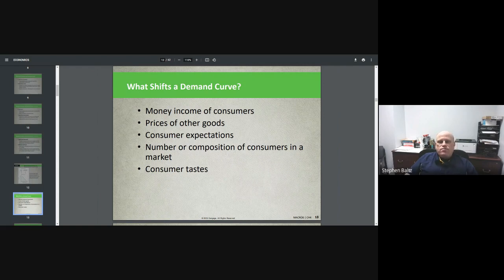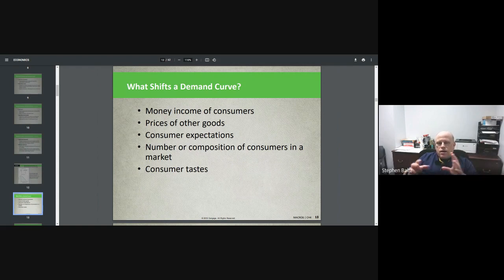Okay, now the 5 things that can shift the demand curve are basically listed here on this slide. So you have money income of consumers, prices of other goods, consumer expectations, number or composition of consumers in the market, and consumer taste.